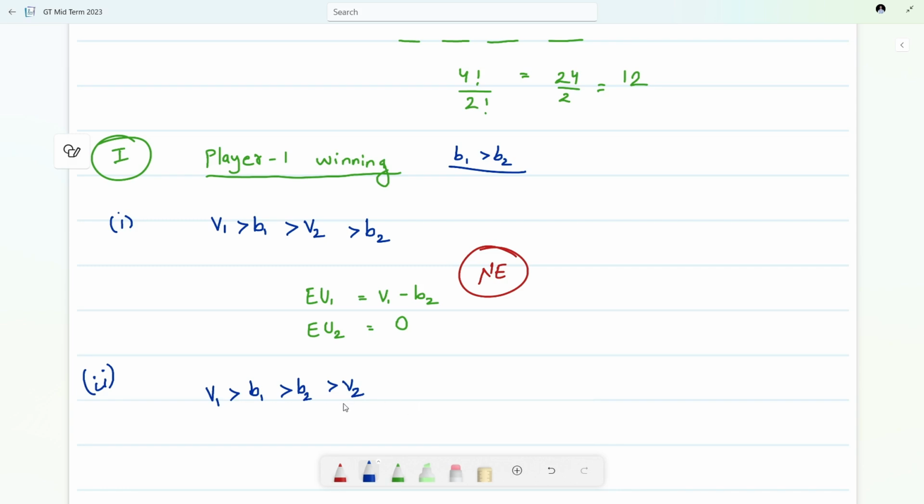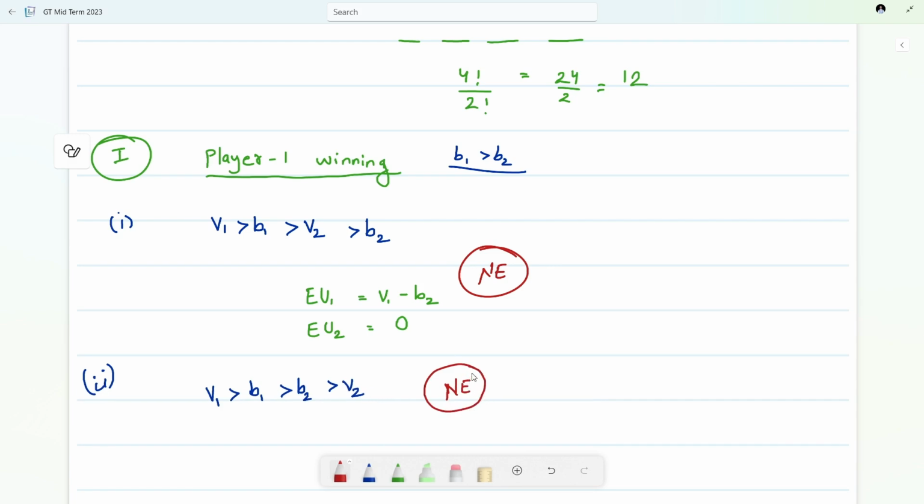So what will happen here? Again, the expected utility for player 1 will be V1 minus B2, and for player 2 it will be 0. If player 2 bids higher than B1, then again the expected utility will become negative. So yes, it is a Nash equilibrium again.